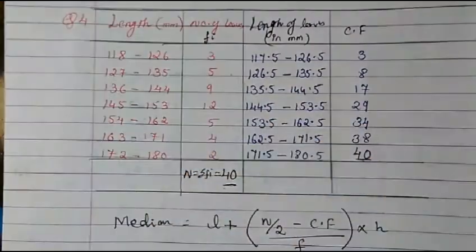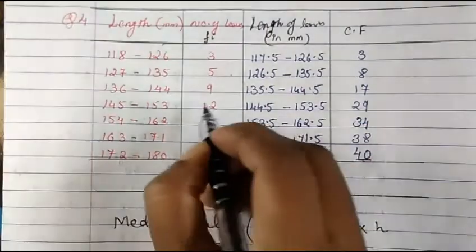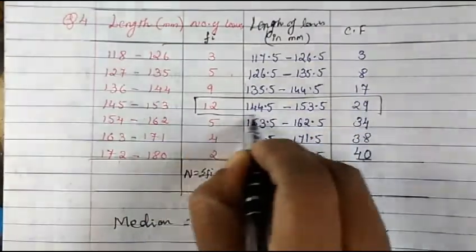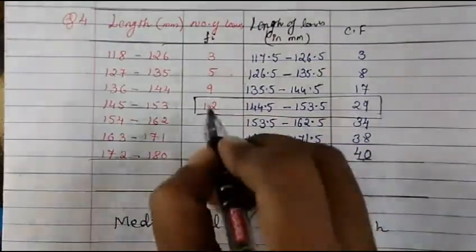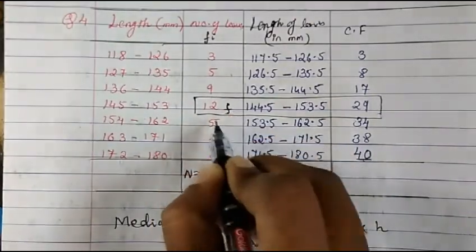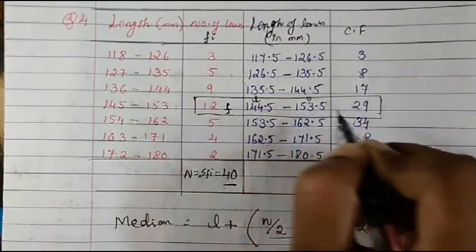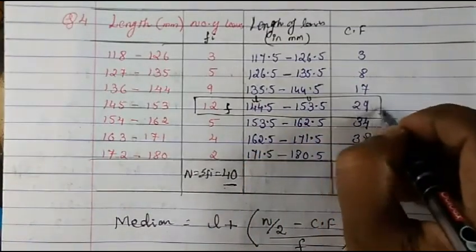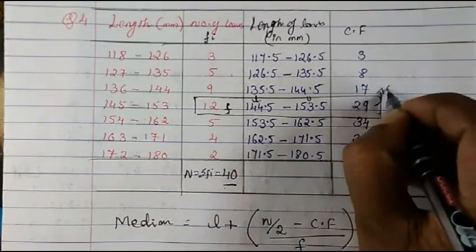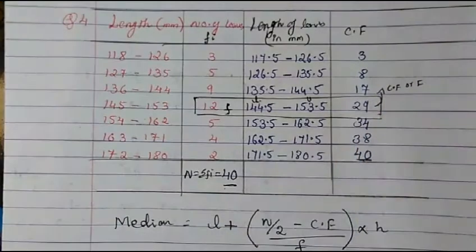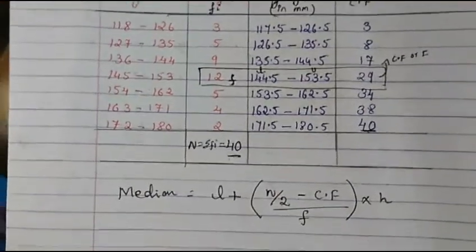Highest is 12. So this is our f frequency. This is our lower limit, this is our upper limit, and just before this will be our CF. So we have everything now.